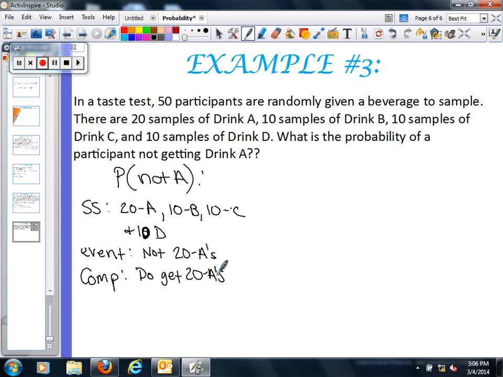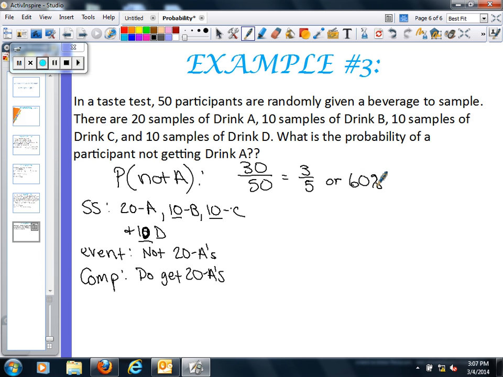Okay? So when we do this, all right, the percentage, okay, so we don't want to get A, which means I need to look up how many outcomes where I don't get A. Well, there would be 10 here, 10 here, and 10 here, which would be 30 over, and I had 50 possible, which is going to simplify to 3/5, or 60%.